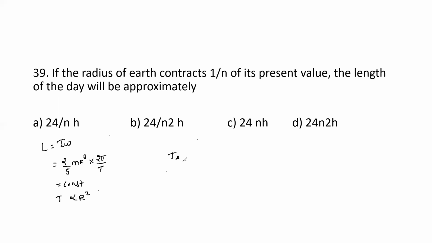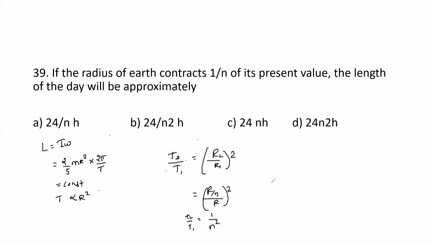So we can write T2 divided by T1 is equal to r2 divided by r1 whole squared. This is equal to r divided by n divided by r, whole squared. So r will get cancelled, and we get 1 divided by n square.